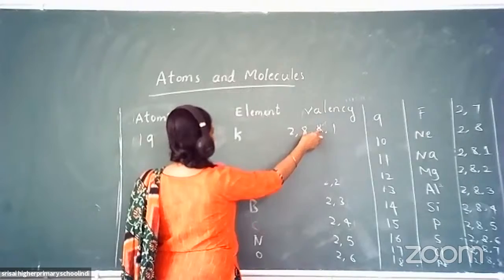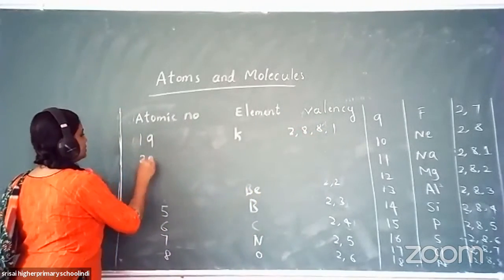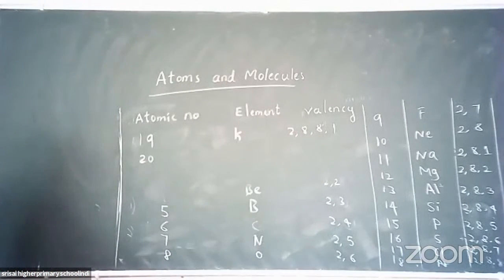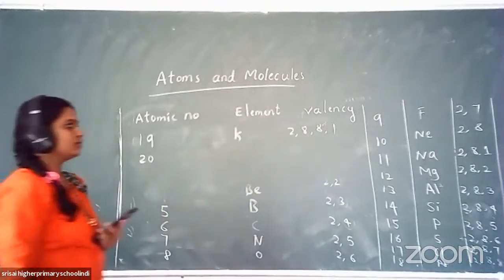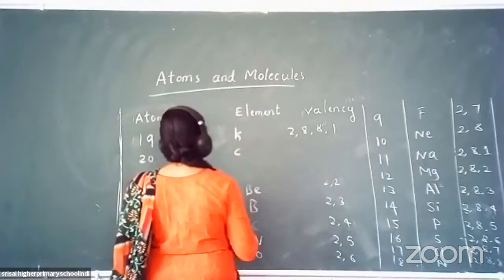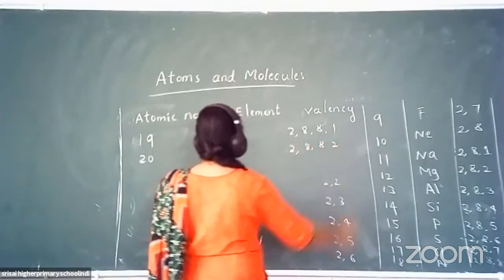So 8 is 16, 17, 18, 19. Then what is 20? Calcium. Okay, calcium is 20. 2, 8, 8, 2.